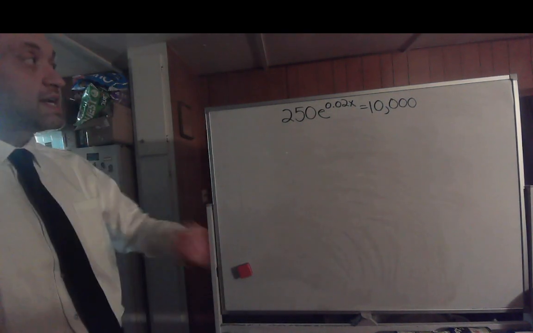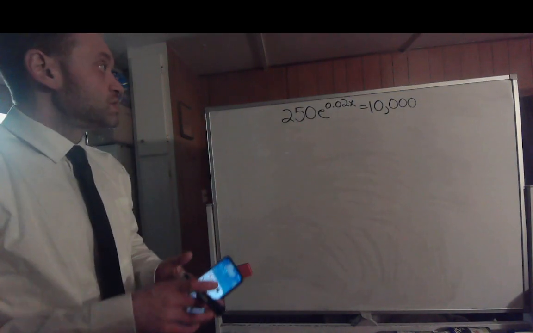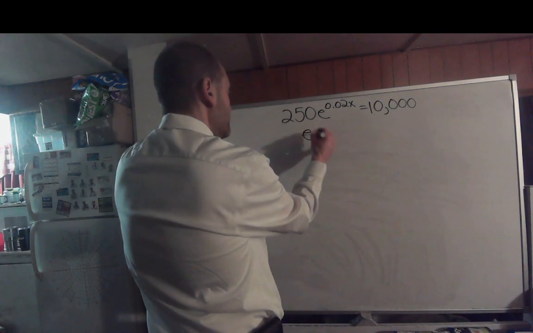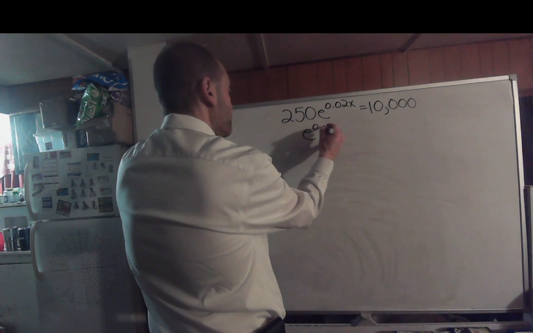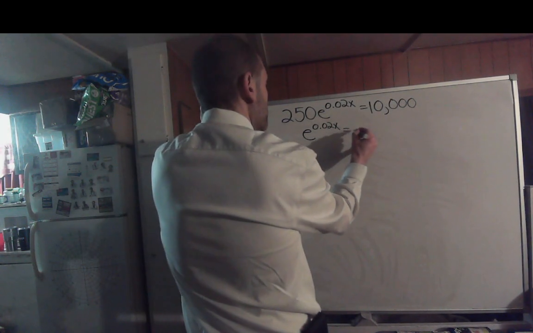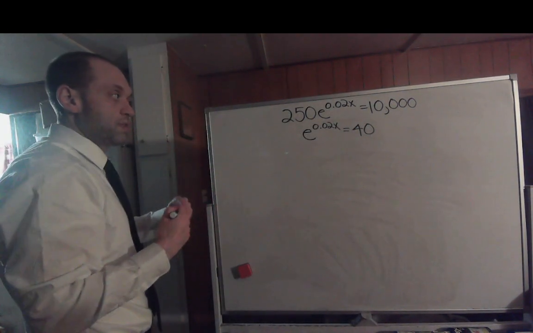Well, we definitely want to get that e to the 0.02x by itself. So you just divide both sides by 250, you would end up getting that e to the 0.02x would end up equaling 40. Much easier to work with now.